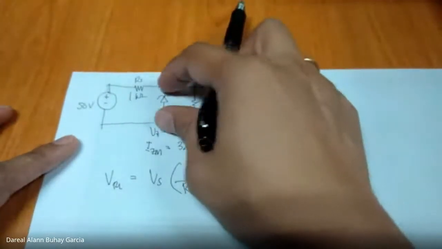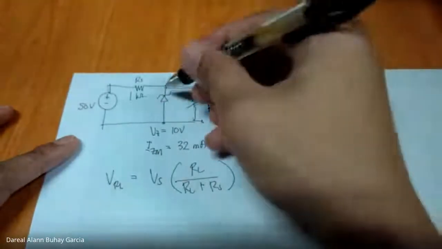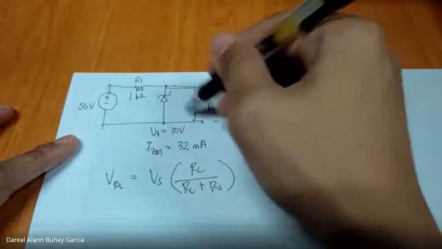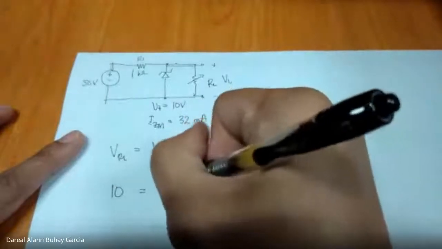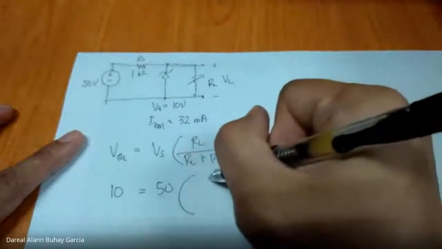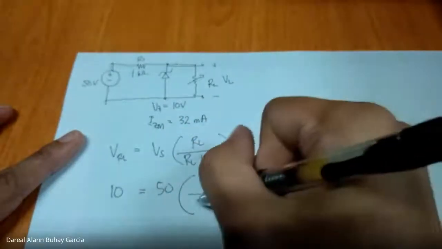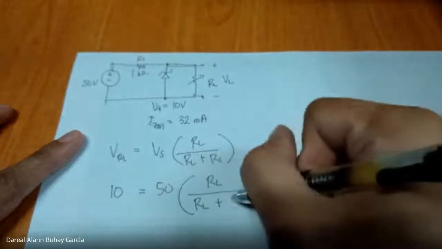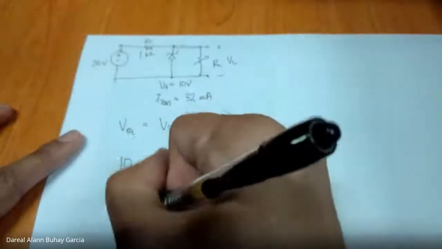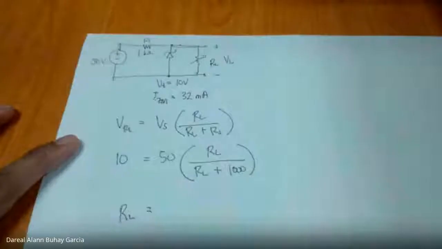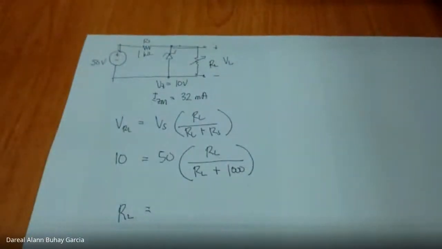Okay. Assuming it turns on, we will determine at what value of RL the Zener diode turns on. It turns on already, so this is already 10 volts. VS is 50. The value for RL is unknown. RL plus 1K. Okay. Solving for RL, use a calculator.